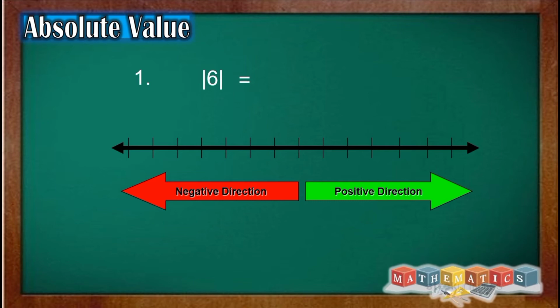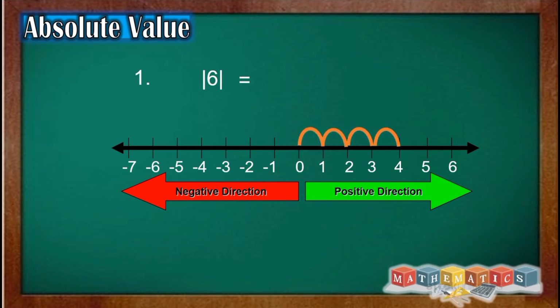Okay, let us plot positive 6. Let us count from 0 going to the right. So 1, 2, 3, 4, 5, 6. Since 6 is 6 units from 0, the absolute value of 6 is 6.